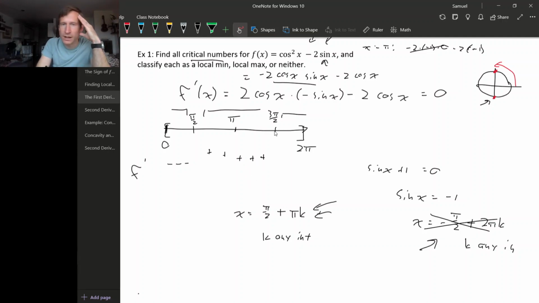And after 3 pi over 2, we could plug in 2 pi. That actually is going to give us the same result as 0 just because of the periodicity. So here it's negative again. All right. Now remember, where the derivative changes from negative to positive, that's a local minimum. So here, this is a local minimum.